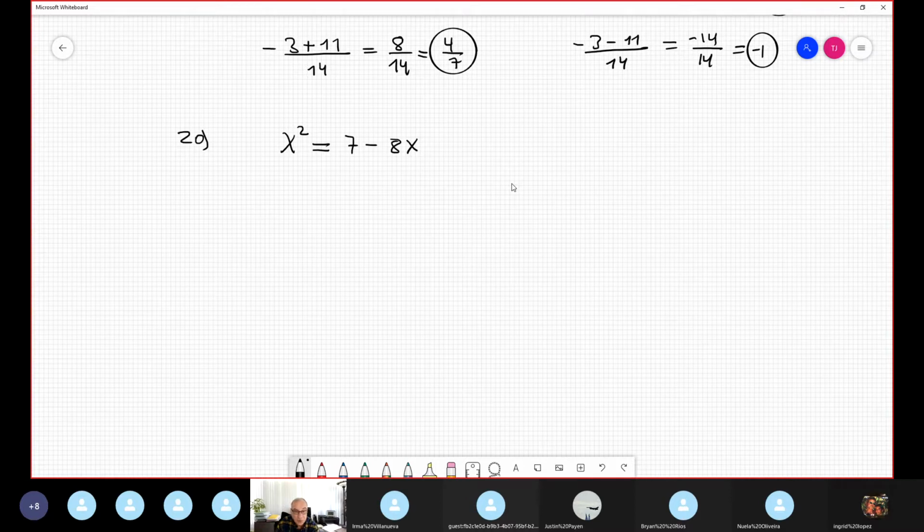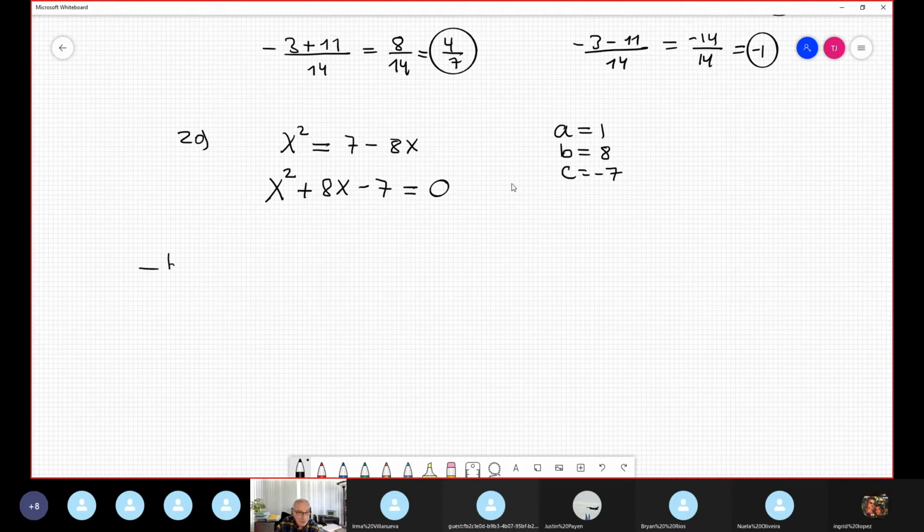You move everything to the left and you organize in descending order of the degree. Degree 2, exponent 2, plus 8x, degree 1, exponent 1, que es necessary to write, -7, equal 0. Okay, and you recognize A is 1, B is 8, and C is -7.